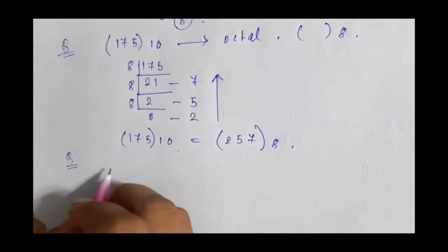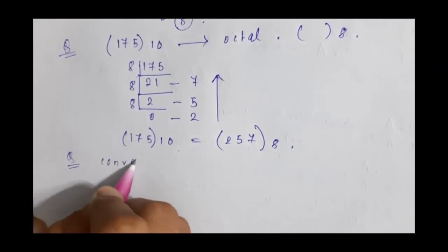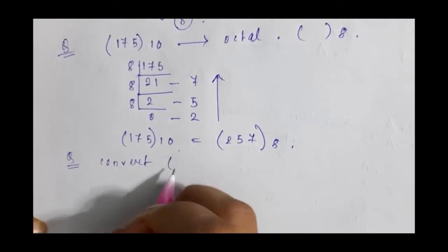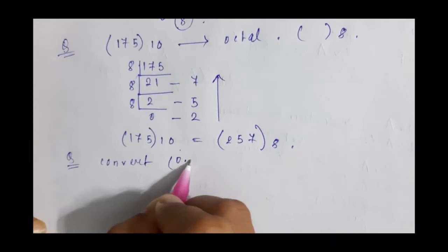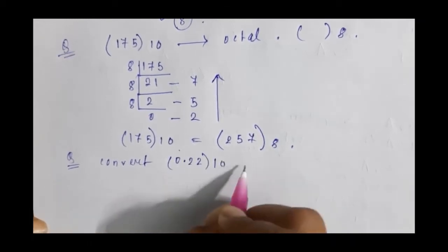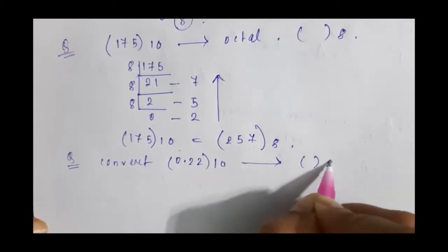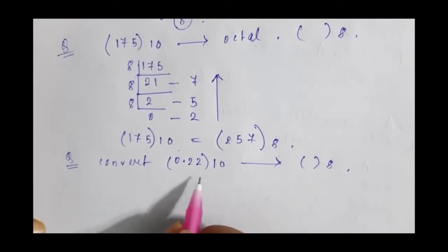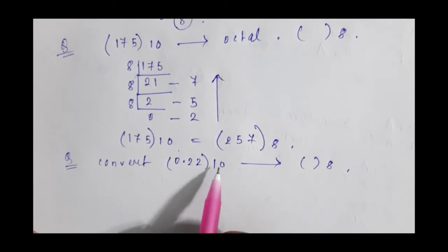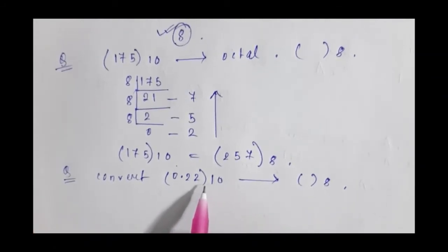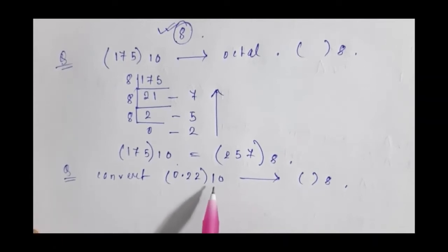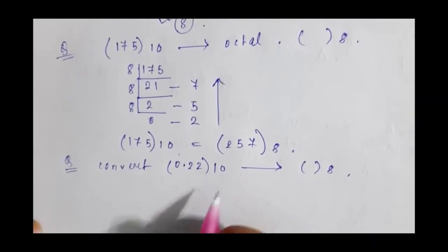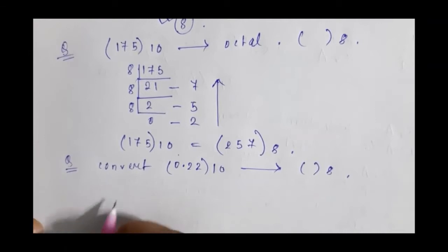Let's do one more. Convert this fraction, 0.22. For this, when we did decimal to binary, we did successive multiplication.